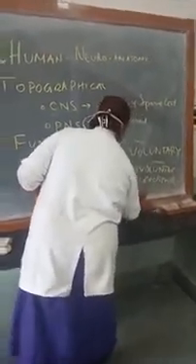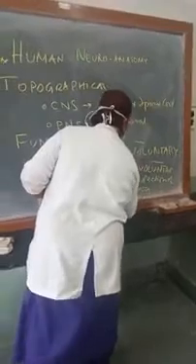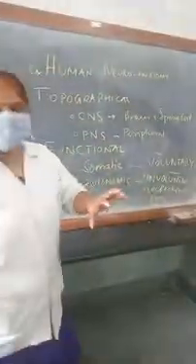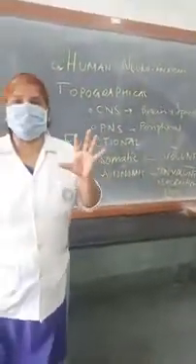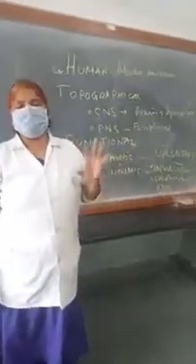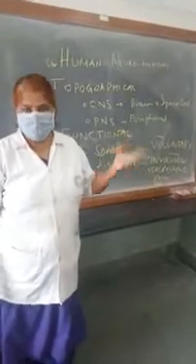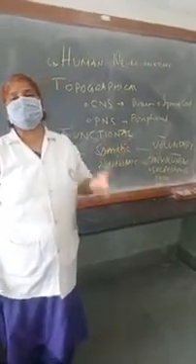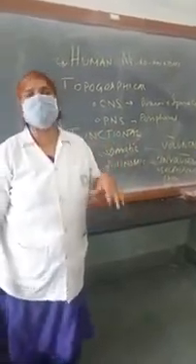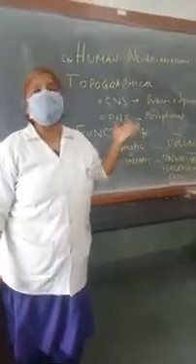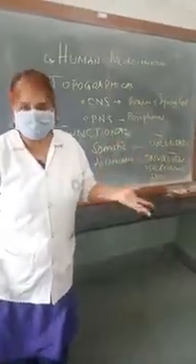These are the two functions of the autonomic nervous system. One is the contraction of involuntary muscles, the muscles present on the viscera, on the GI tract which help in peristalsis, and on the heart myocardium for the contraction of the heart. Those are the involuntary muscle contractions.